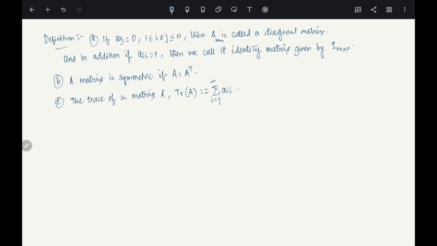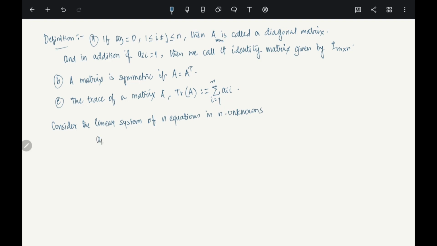Now, another simple fact related to matrices which we need to know is this. Consider the linear system of n equations in n unknowns. So basically you are looking at a set of equations.